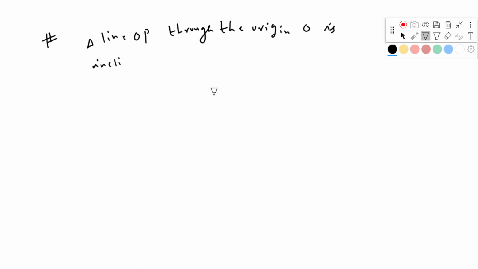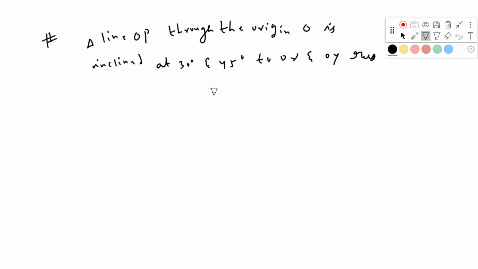Next question. A line OP is given through the origin, inclined at 30 degrees and 45 degrees to OX and OY respectively.